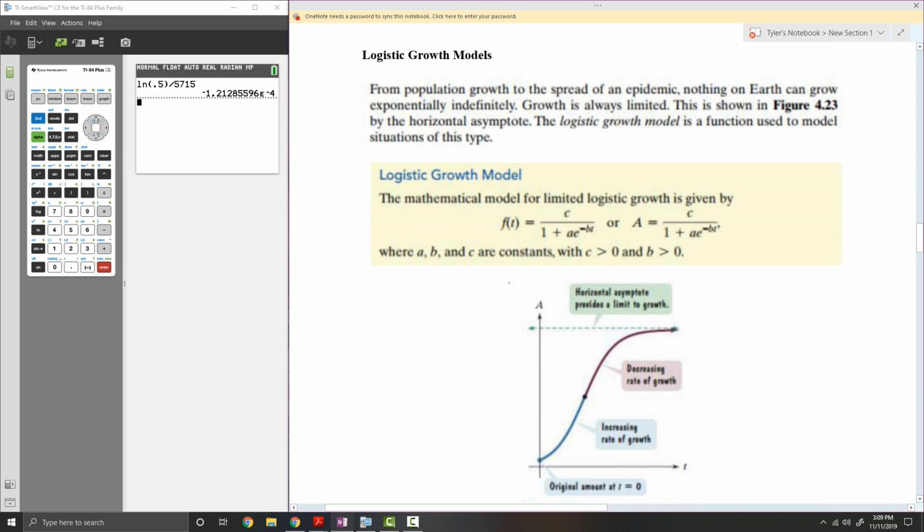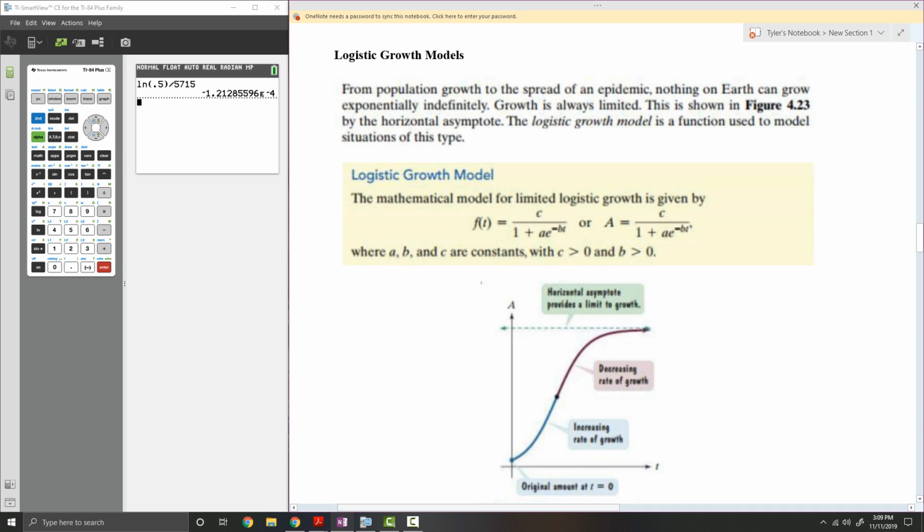All right. So now the next topic we want to look at is something called logistic growth models. From population growth to the spread of an epidemic, nothing on Earth can grow exponentially indefinitely. Growth is always limited. In other words, we can't just keep growing forever.